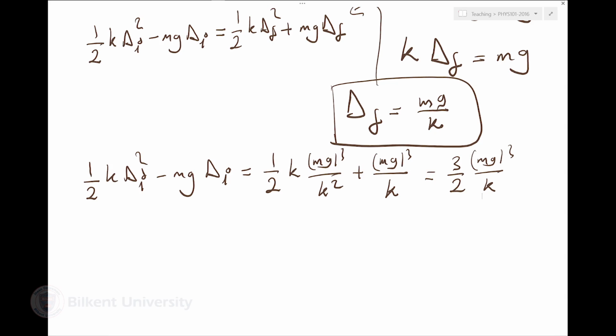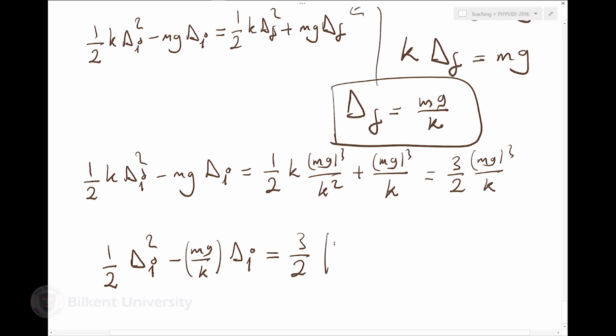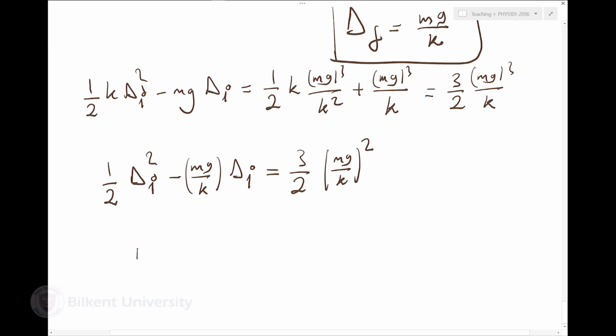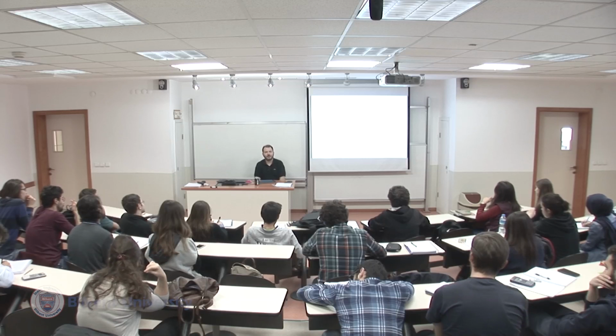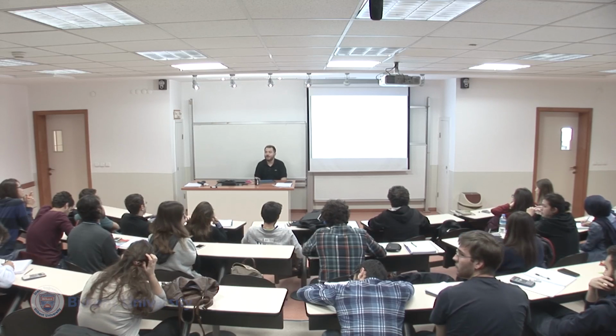Let's play around a little bit. I have 1/2 delta I squared minus mg over k delta I equals 3/2 mg over k squared, or delta I squared minus 2 mg over k delta I minus 3 mg over k squared is equal to 0.